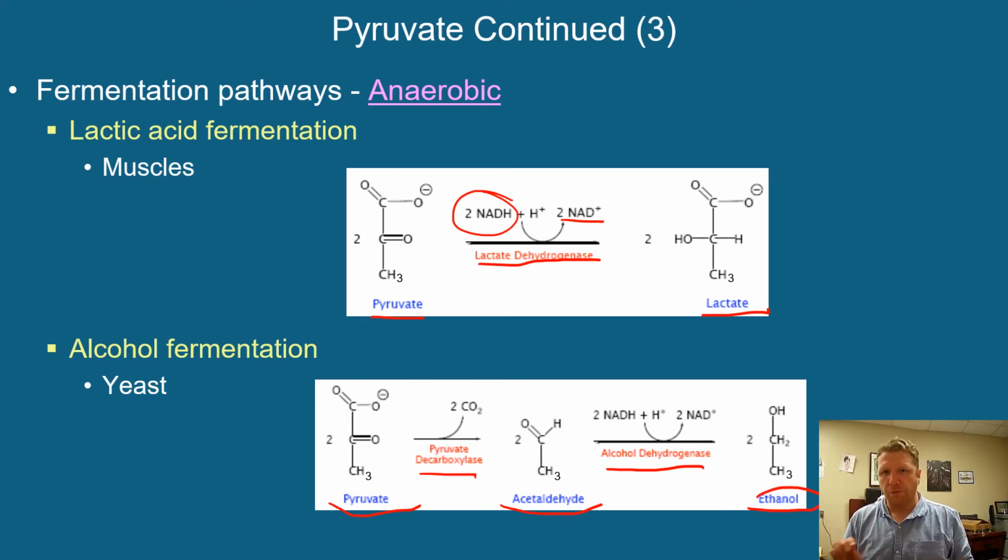So the biggest differences, or the questions that you should ask yourself, is what's the fate of pyruvate? Well, you've got three fates, but is there an oxygen-rich environment or an oxygen-deprived environment? In an oxygen-deprived environment, you're going to have pyruvate converted to lactate. Now think about where it's taking place. It's taking place in the muscles.